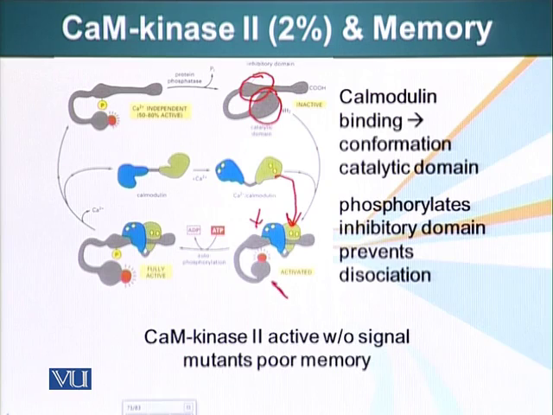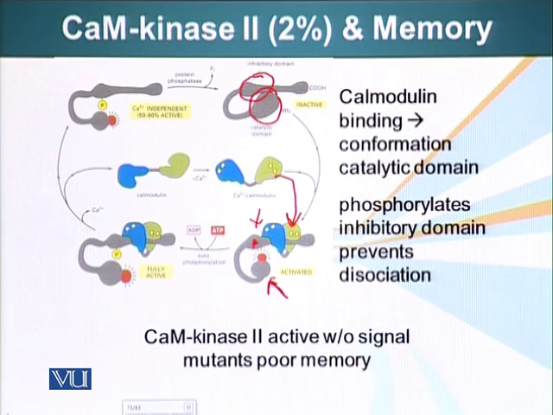The catalytic domain, once it is activated, as it has been released, the first thing it does, it phosphorylates the inhibitory domain right here. So when this phosphate group is attached, the inhibitory domain cannot inhibit the function of the catalytic domain, even if the calmodulin has been released or is no longer in active form.